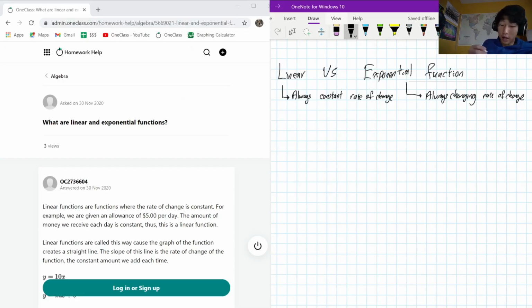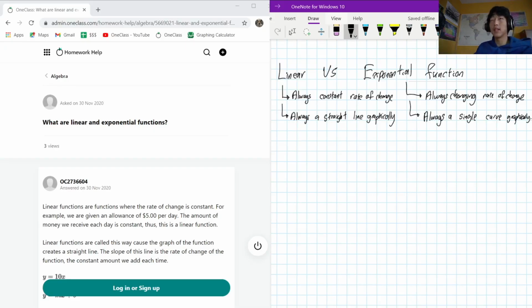For a linear, this is always going to be a straight line graphically, and this is always curvy, always a single curve graphically.